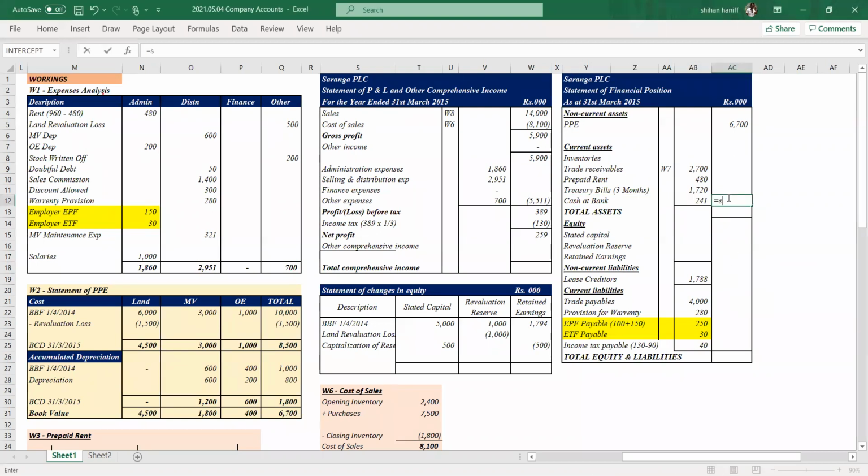Right. So we take all these balances. Net profit. There is no dividend. Actually, the land revaluation comes here, the amount that we take to the revaluation reserve.